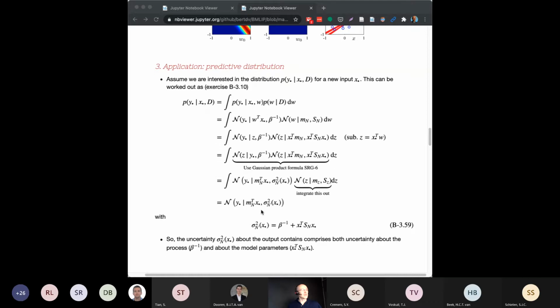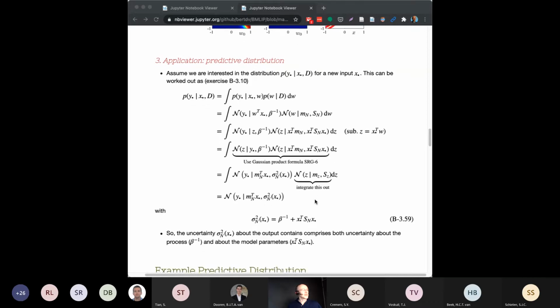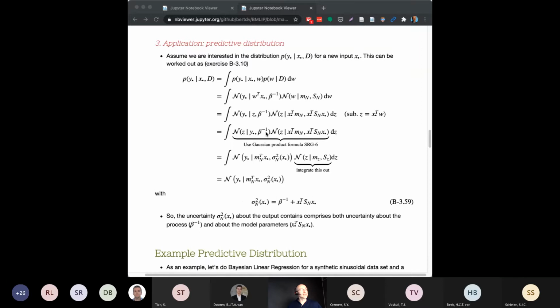What Mn and sigma n are is given here, but you get it from basically applying this Gaussian formula. So it's quite a calculation. This is not something that I think you can do at an exam from scratch, but I hope you can follow it.